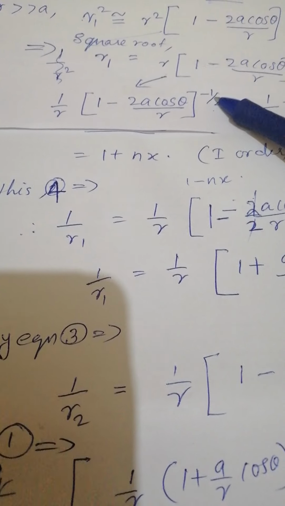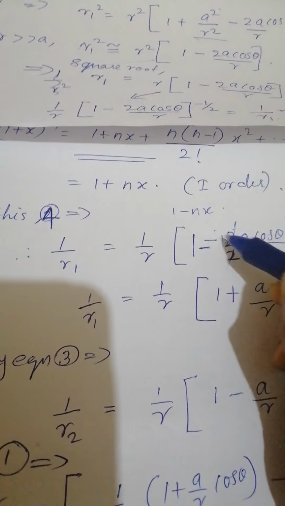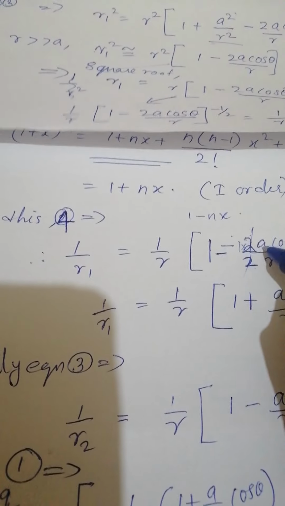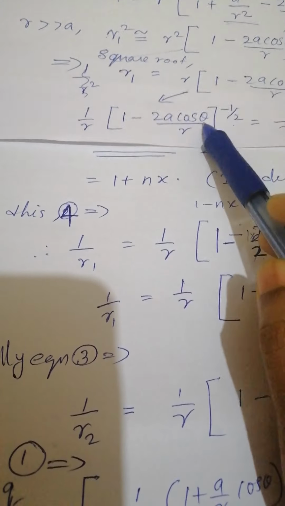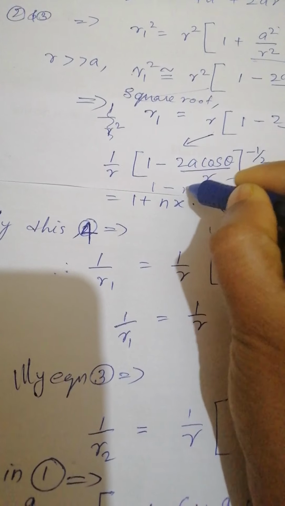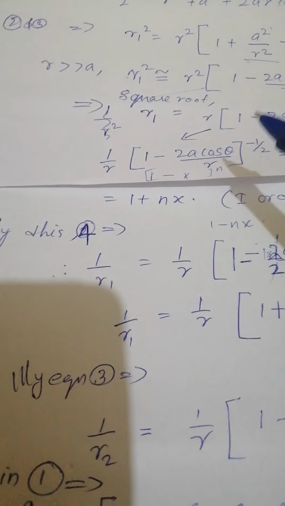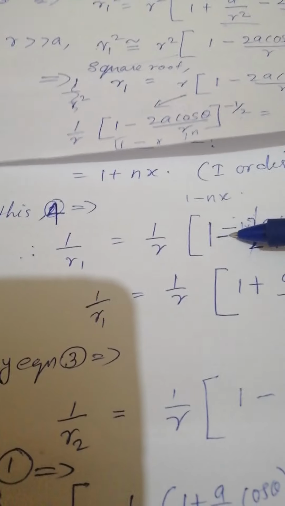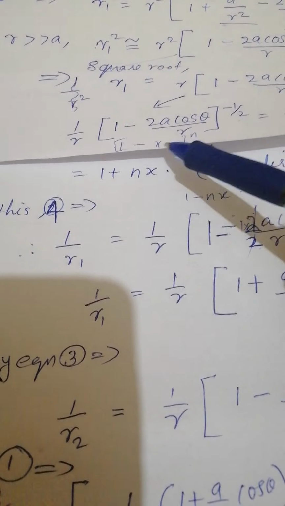So here instead of this one we can change it like this, 1 minus n, where n is minus half, into x.